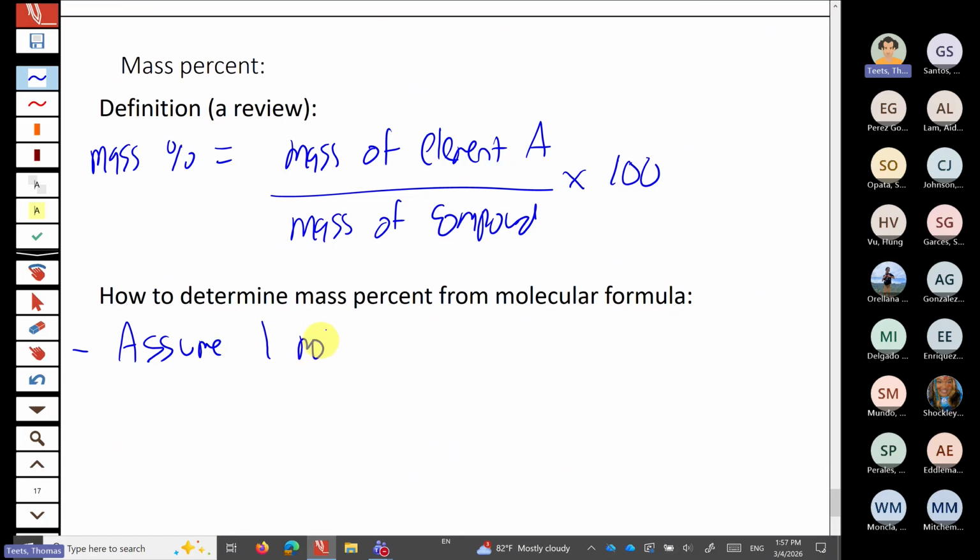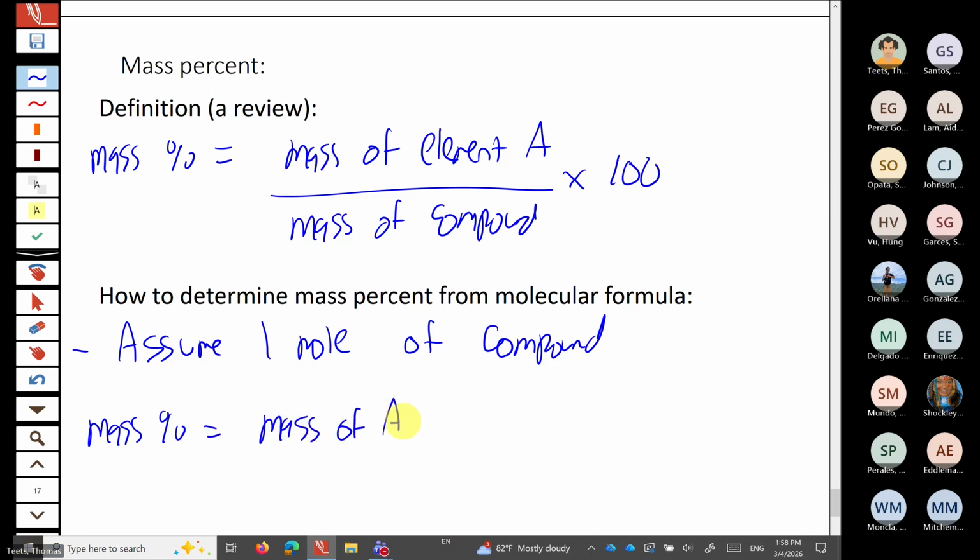So if we want to relate the chemical formula to the mass percents of elements, we assume that we have 1 mole of compound. And then the mass percent is going to be the mass of that element in 1 mole divided by the molar mass of the compound, because molar mass is the mass of the entire compound that's in 1 mole.